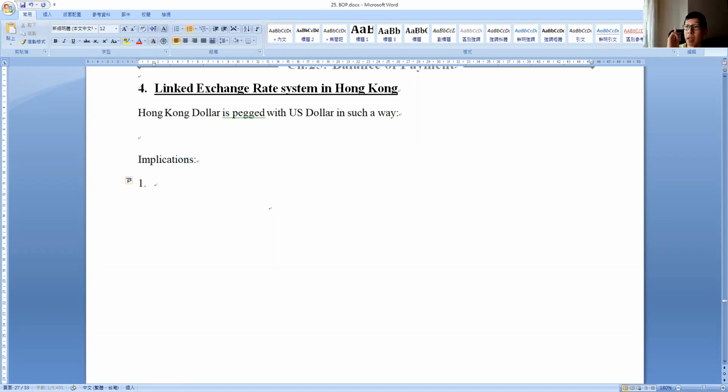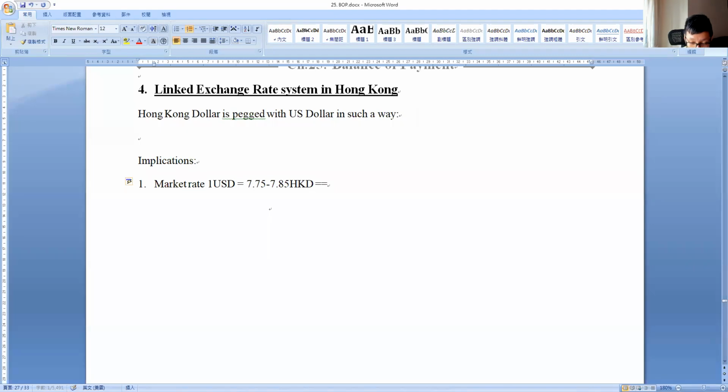Number one, because we have a band, the market rate, remember, the market rate follows 1 USD to 7.78 to 7.85 Hong Kong dollar. That means when the US dollar changes, the Hong Kong dollar would follow the trend of USD.